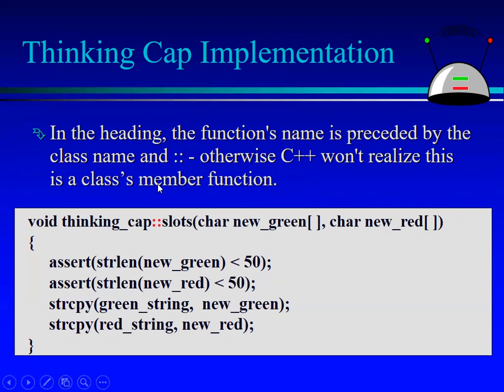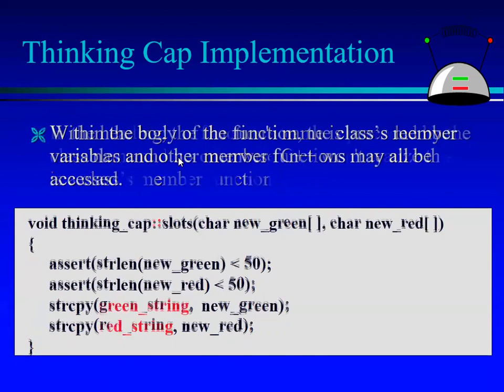If you are not writing the scope resolution operator, C++ won't realize this is a class member function. To provide the information to the C++ compiler that this function is a part of this particular class, we need to specify the scope resolution operator. Okay. So we will be moving further.